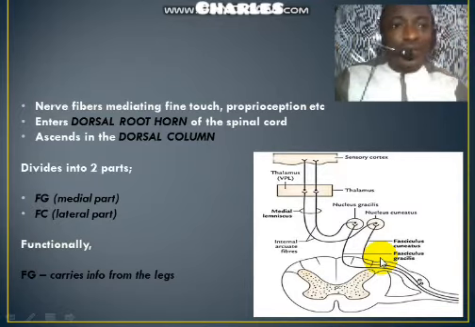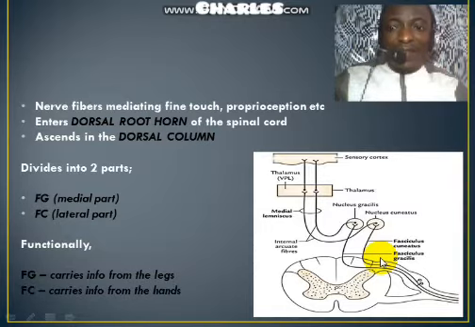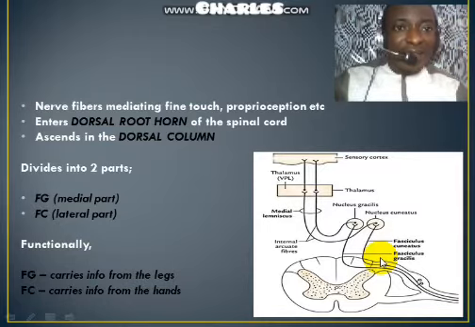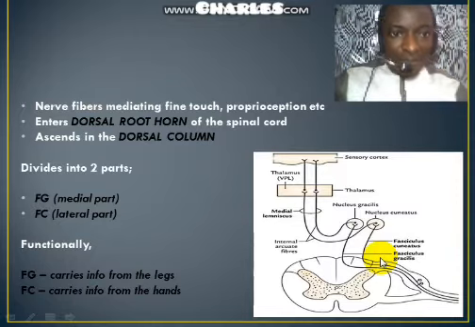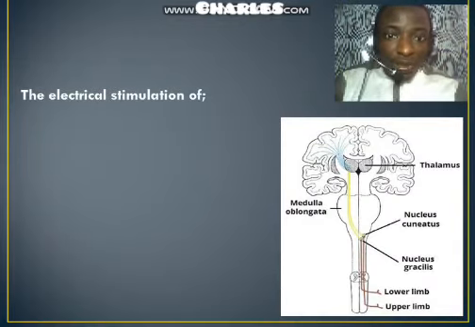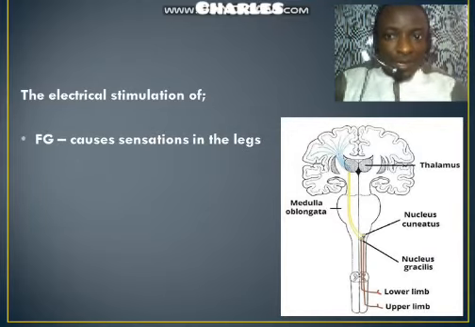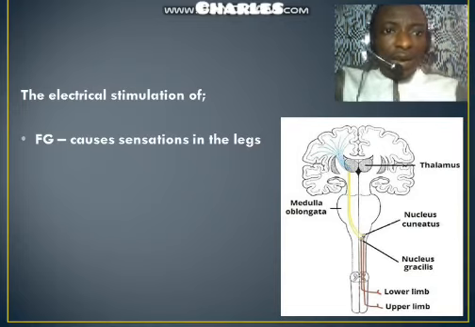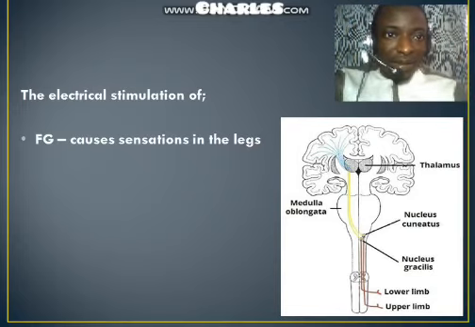Functionally, the fasciculus gracilis carries information from the legs and lower parts of the body to the CNS, whereas the fasciculus cuneatus carries information from the hands and upper parts of the body into the spinal cord and then to the CNS. Now, the electrical stimulation of the fasciculus gracilis would cause sensations in the leg and lower parts of the body.